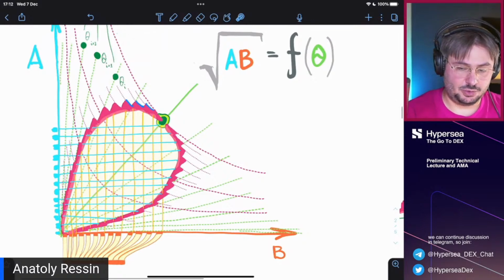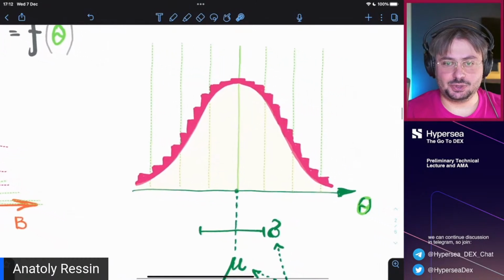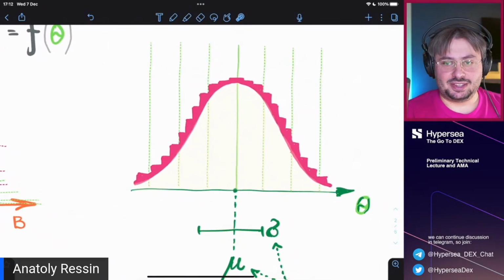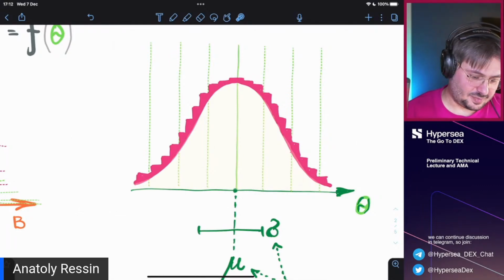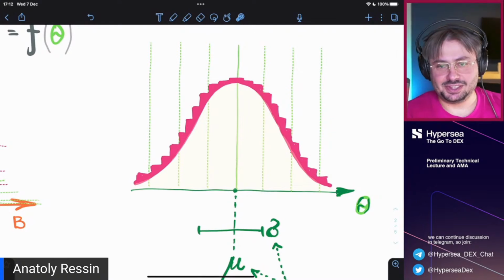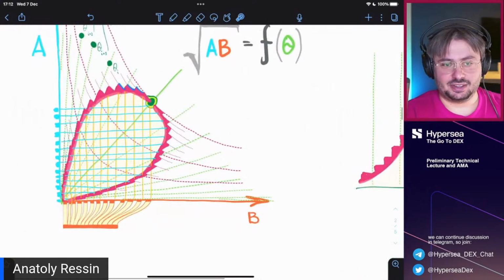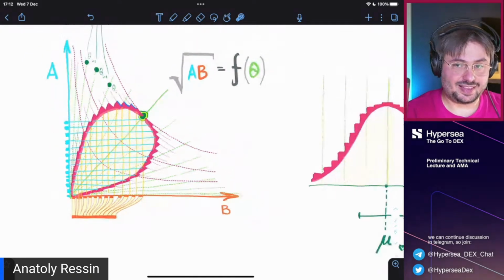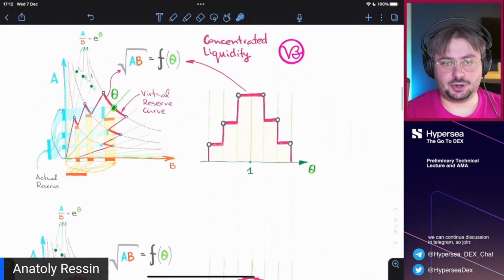But if you start making these steps smaller and smaller, and make so-called infinitely small steps, then you obtain an absolutely smooth curve that can be transformed into a trading curve.